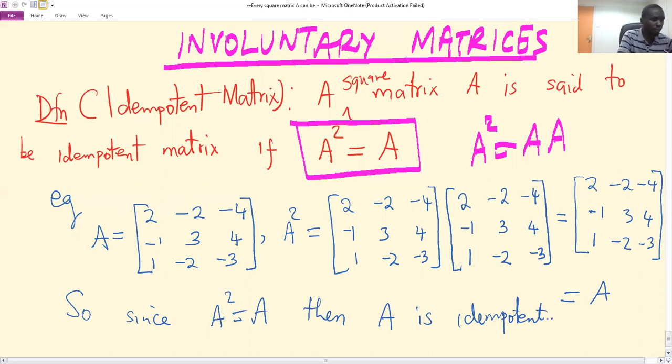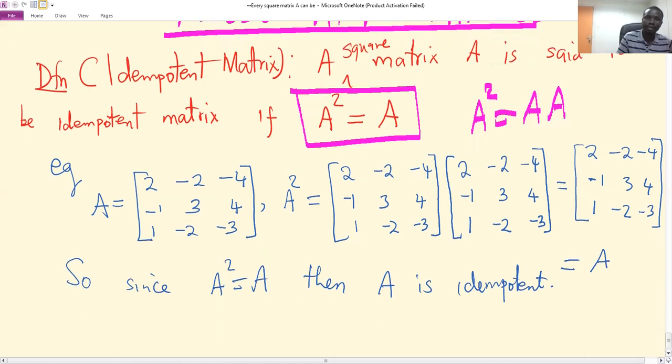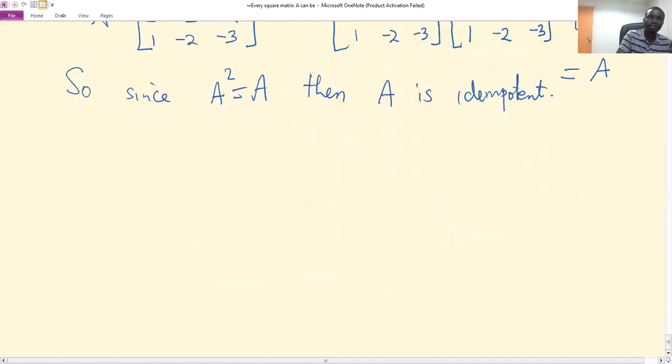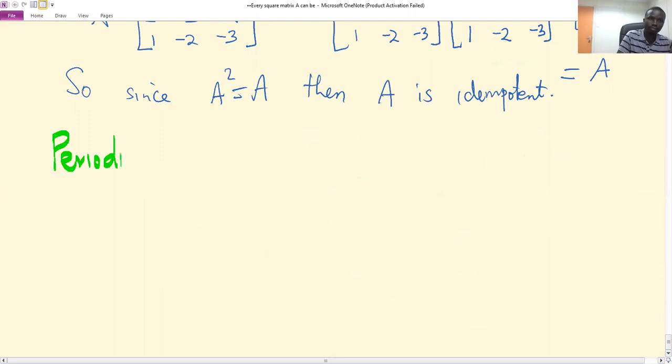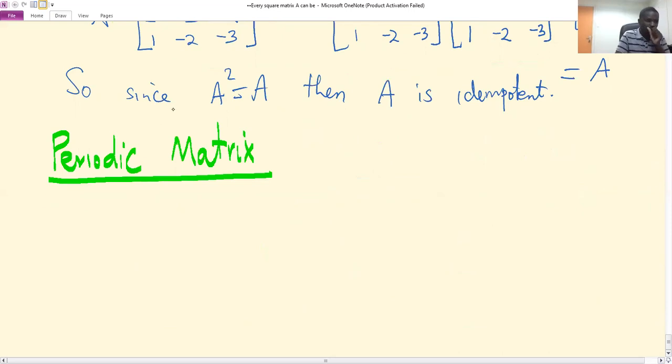So that's the idempotent matrix. Next, let's define what we call a periodic matrix.